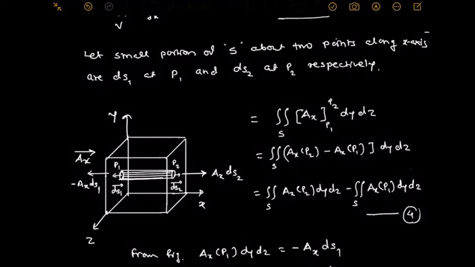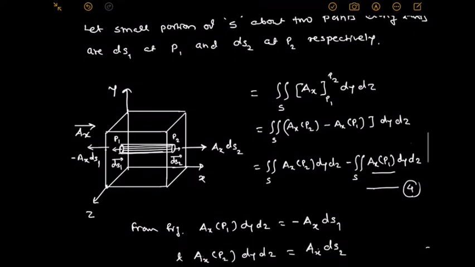Hence, the integral term Ax at P1 dy dz represents the negative flux at the point P1. Dy dz is the surface area of that small element, which we call ds1, and the surface area at the point P2 is the same, which we call ds2.